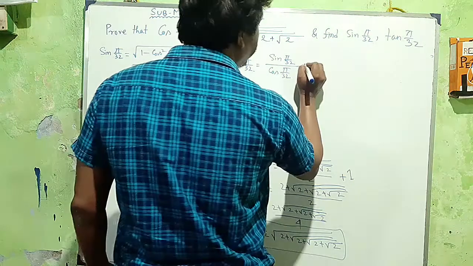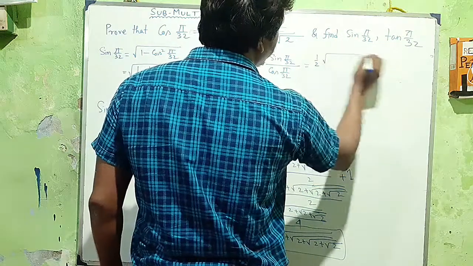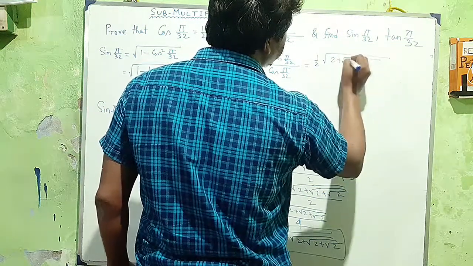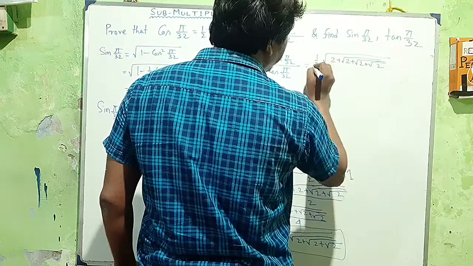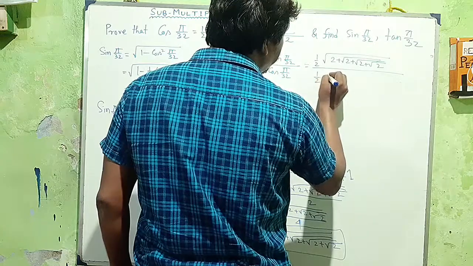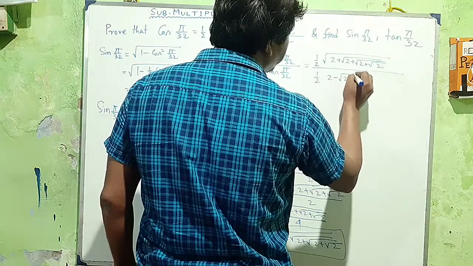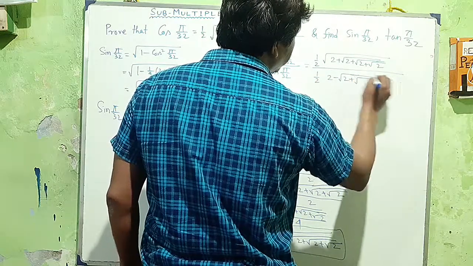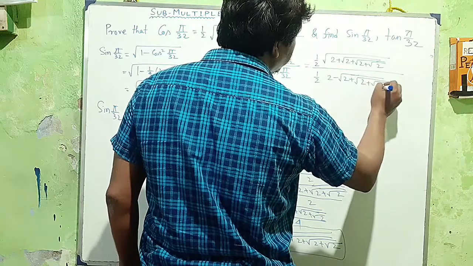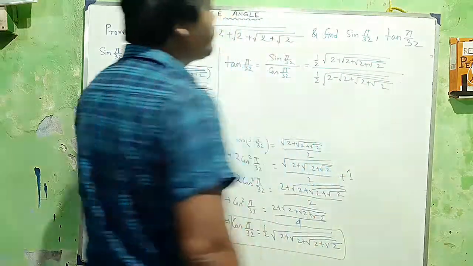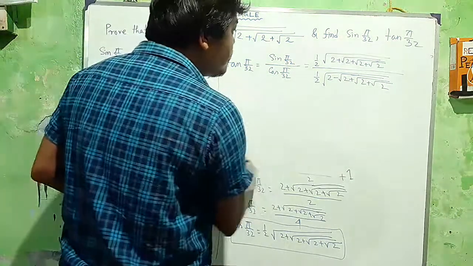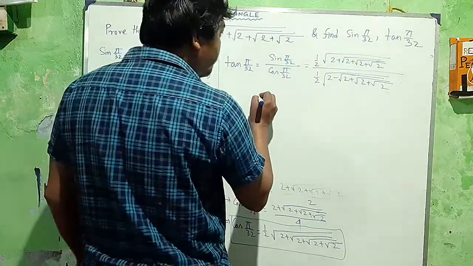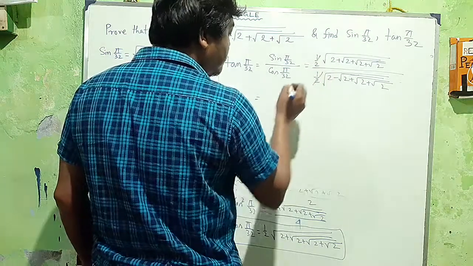So half square root of 2 minus square root of 2 plus 2 plus square root of 2, divided by half square root of 2 plus 2 plus 2 square root of 2. Right? Clear? Half is cancelled.